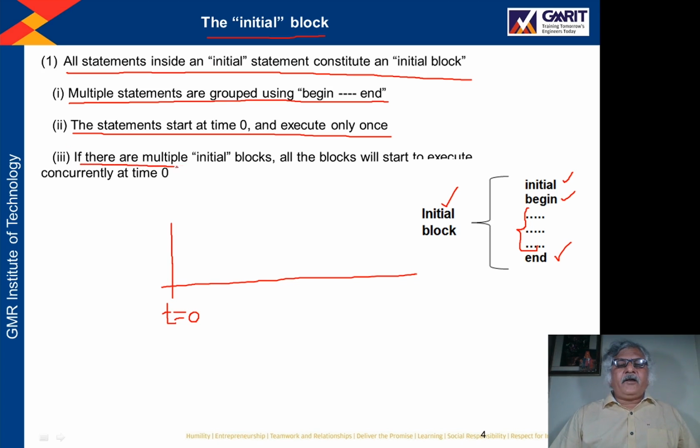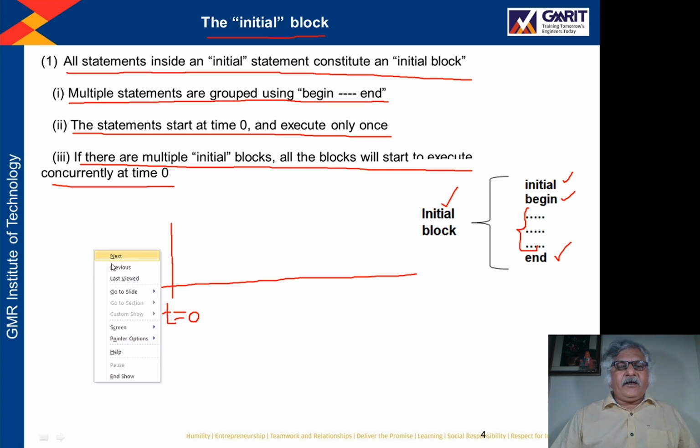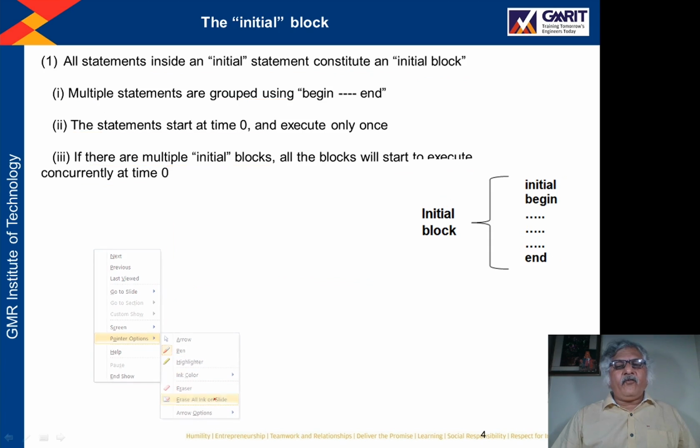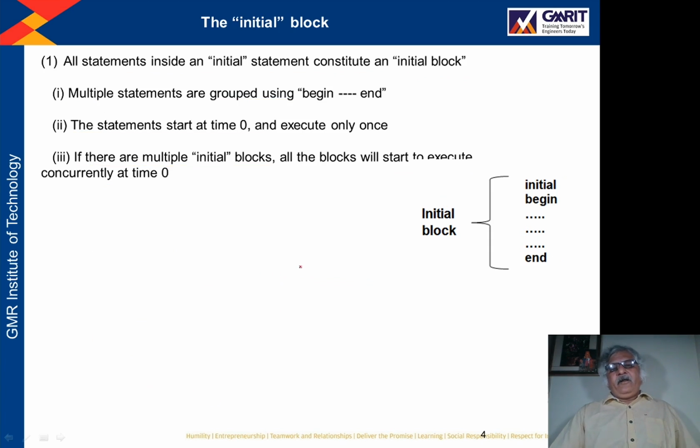If there are multiple initial blocks, all blocks will start to execute concurrently at time 0. The meaning of this is, if there is more than one initial block, then all the initial blocks execute concurrently at time t0.